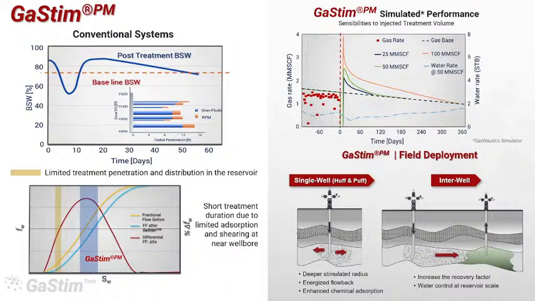So that's one of the reasons why it's very important to have a deeper treatment radius to see the most effective results for this type of relative permeability modifier treatment. We can see some modeling results from our laboratory assurance, based on the laboratory results, on the top right.